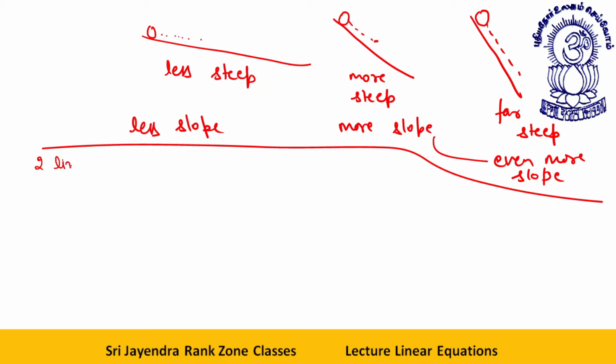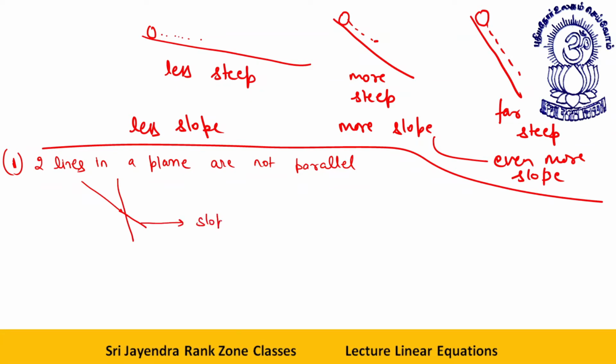Two lines in a plane. Case one, I say two lines in a plane are not parallel. Then this will be like this line is one, this line is another. Or I can say this is one line and this is another line.